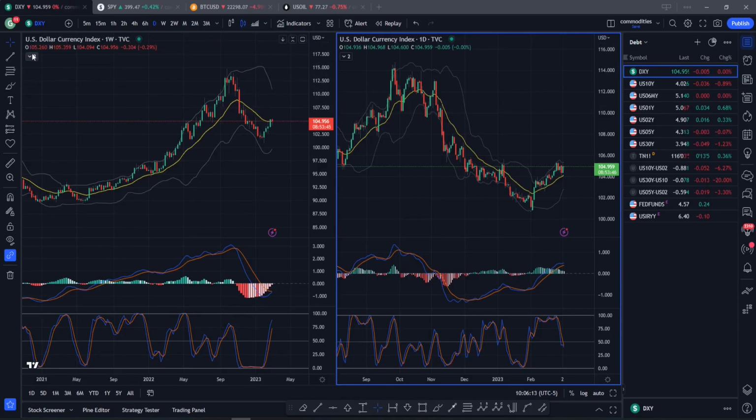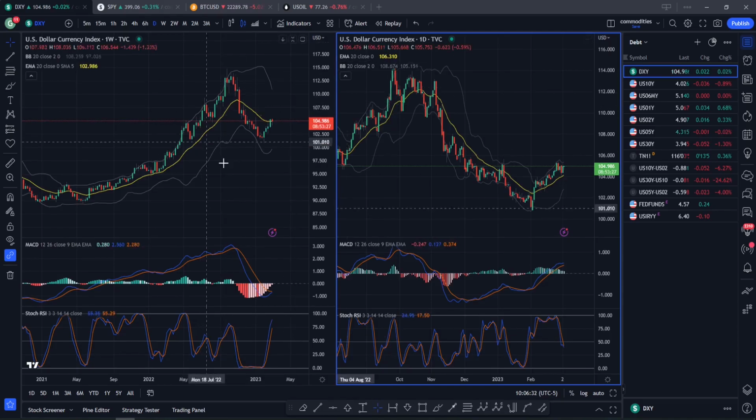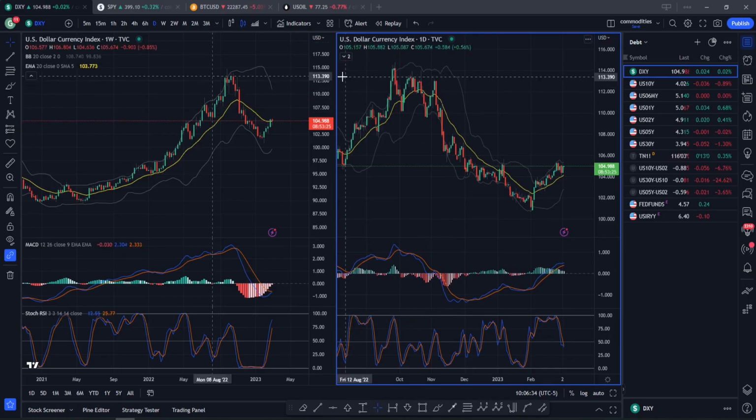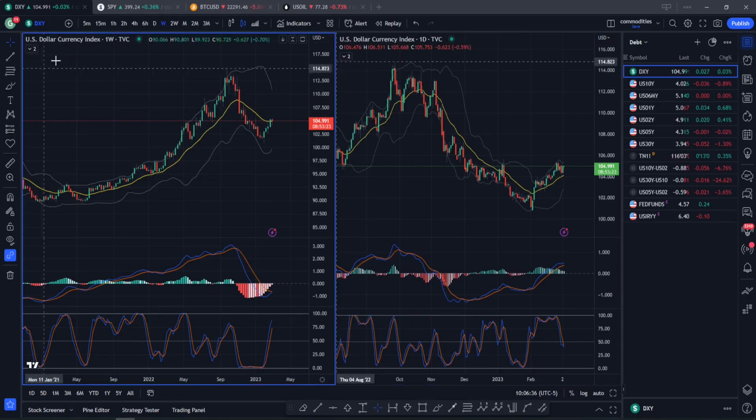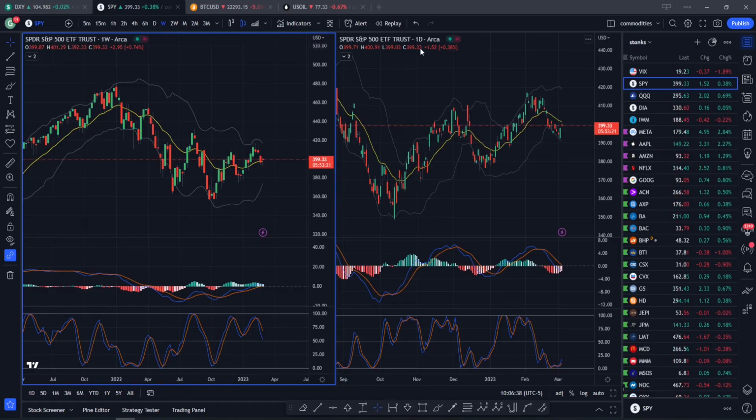And for the indicators, we're using the 20 EMA, Bollinger Bands, MACD, and Stock RSI. So that's basically the same four indicators that I like to use for most of my TradingView charts here. As you can see, weekly, daily, same indicators here.